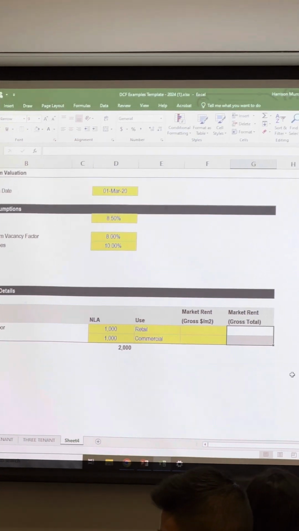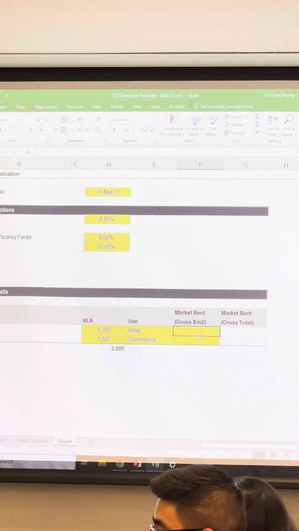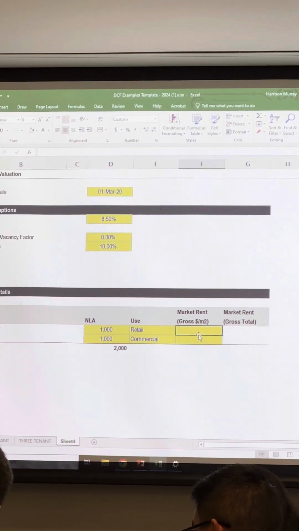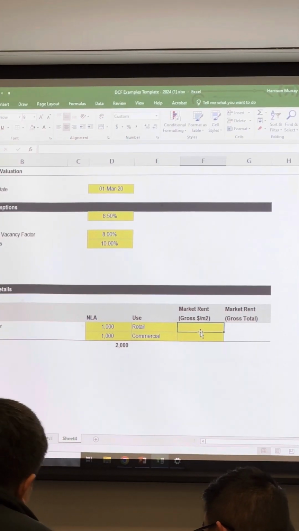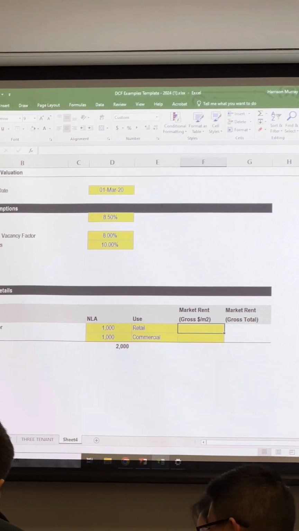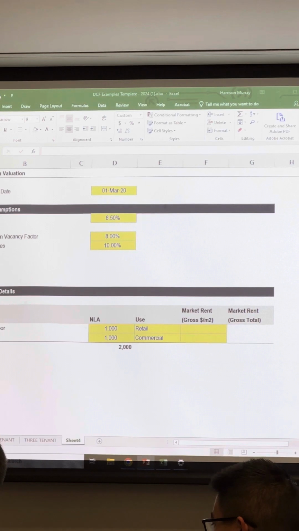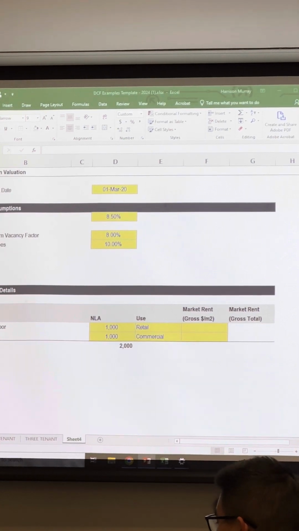And then the market rent gross. So what's our gross market rent rate for the ground floor? 2,000. That's just gross rental.